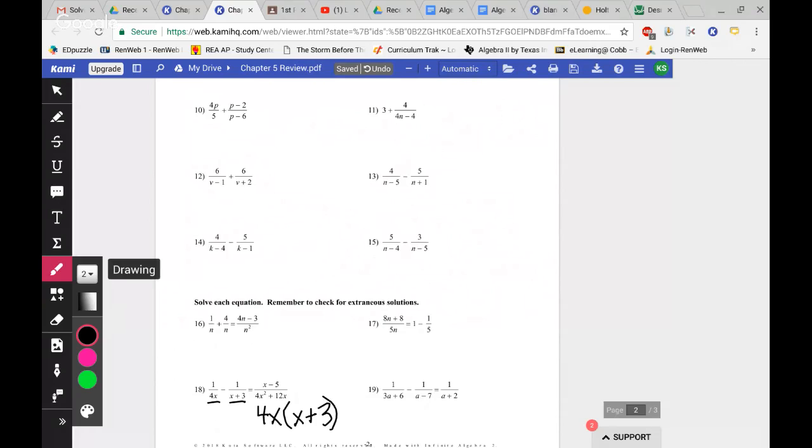So the common denominator is actually going to be this one right here. So we'll multiply both sides of the equation by that. And the reason why we do this is to eliminate the denominator altogether and get a linear expression, which is much more user-friendly to work out.